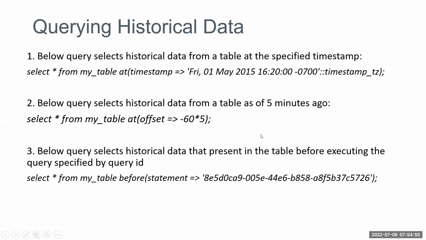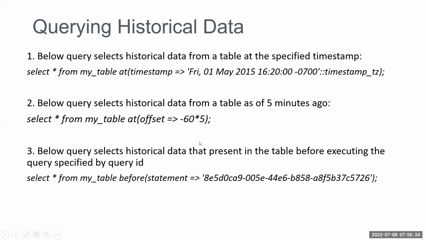But all three ways are dependent on the retention period. If I'm mentioning a timestamp from about 2015 or 16, forget about 2015, 16, even 21, we cannot bring the data back, because the maximum retention period offered by even the highest edition is 90 days only. Whenever that 90 days is crossed, even though you specify this, it won't work.